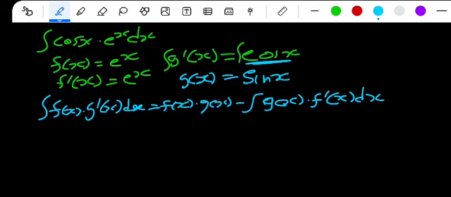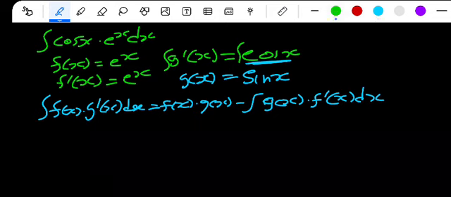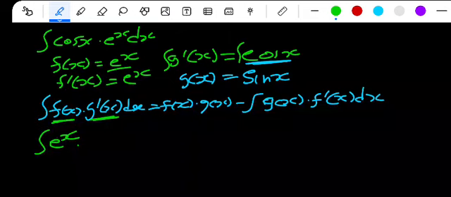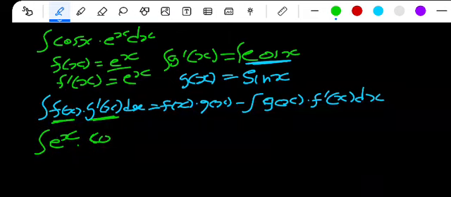So we said f of x here is e, so e raised to the power of x multiplied by g prime. g prime is cos x dx.